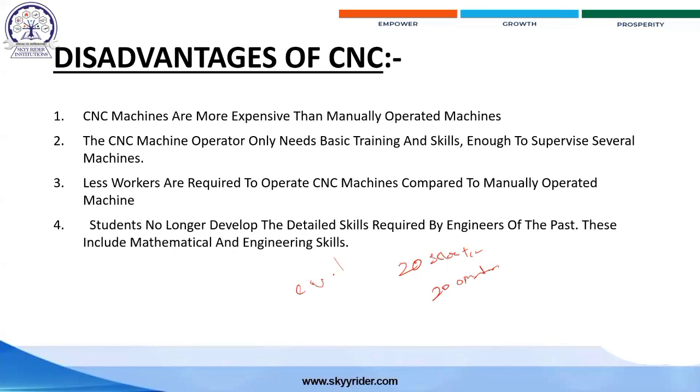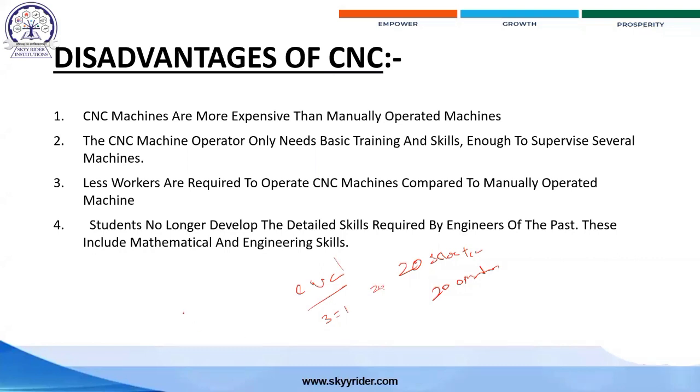But in CNC, as it is an advanced machine, 2 to 3 operators are enough to run 20 machines at a time. Okay, so this is why unemployment in the sector will be enhanced, and also it will be reducing the human effort. As it is a machine, it is also reducing the human effort.